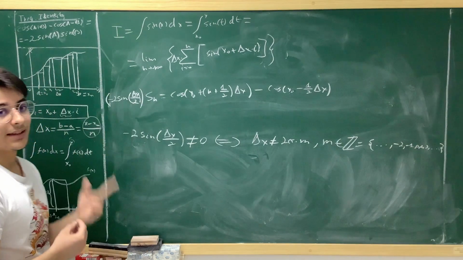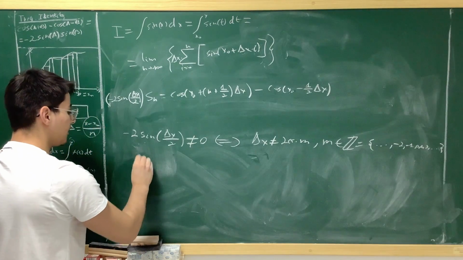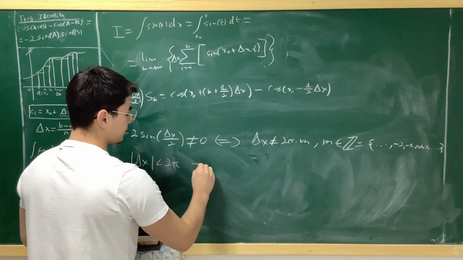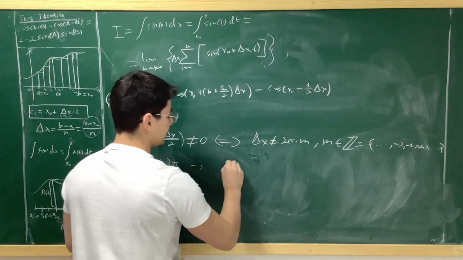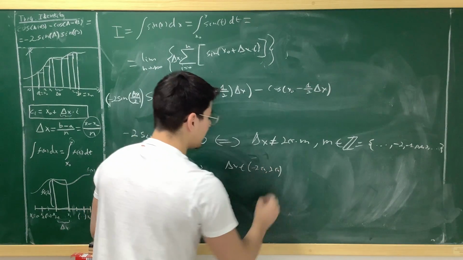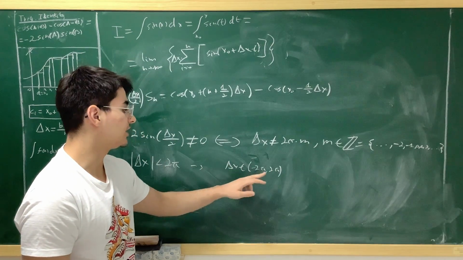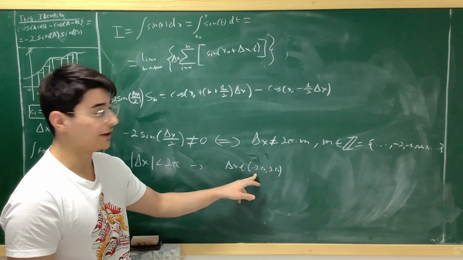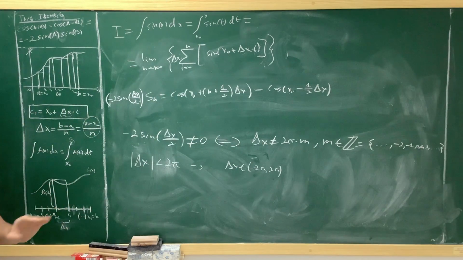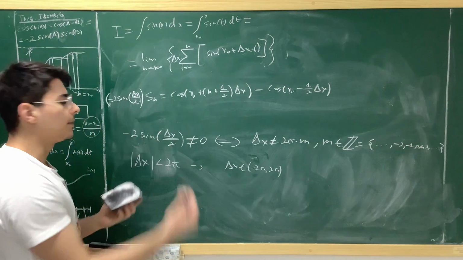So, assuming that this holds, or even better, assuming that delta x is less than 2 pi, which is just saying that delta x is in the interval minus 2 pi to 2 pi, delta x will never be 2 pi times n, because it's not 2 pi, neither minus 2 pi, so it cannot be 3 pi or minus 3 pi, and so on. So this is actually a better consideration, I think, but both of them are valid.